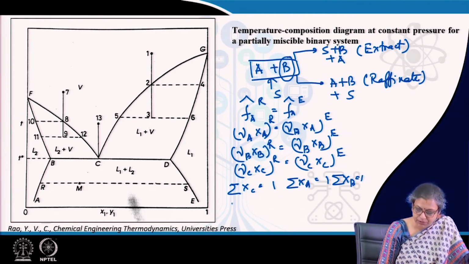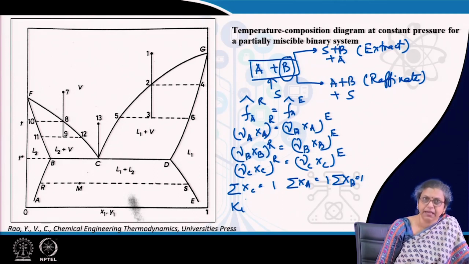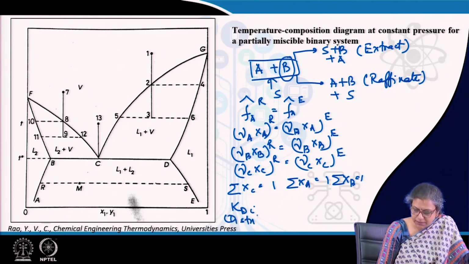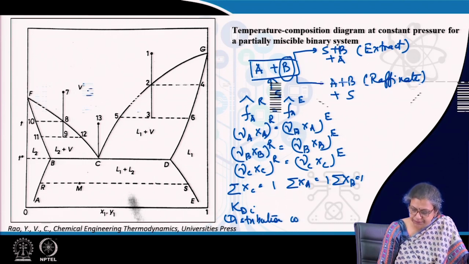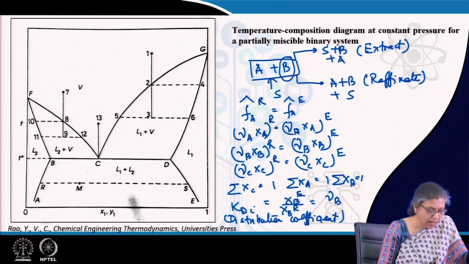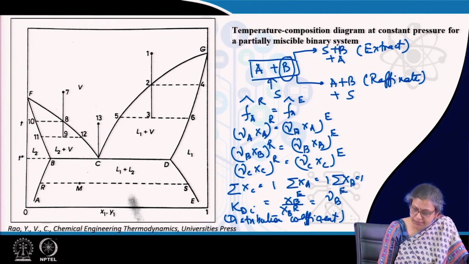In this particular case the K factor, or the equilibrium ratio that we have talked about, is generally denoted as the distribution coefficient, which is x I in the extract phase by x I in the raffinate phase, which is naturally gamma I in the raffinate phase over gamma I in the extract phase. For example, if B is the component, it is gamma B in the raffinate phase divided by gamma B in the extract phase.